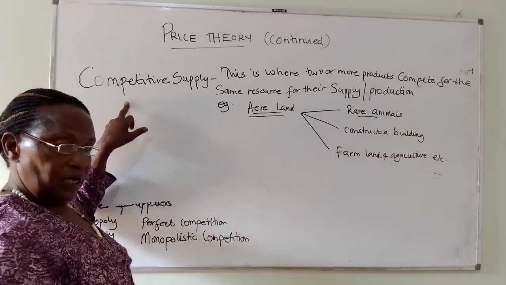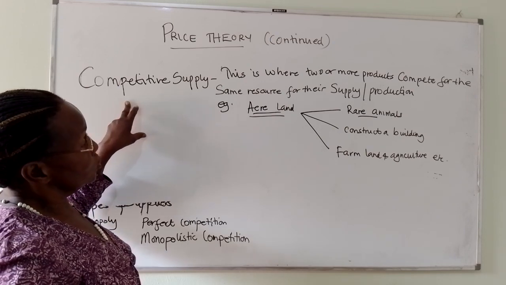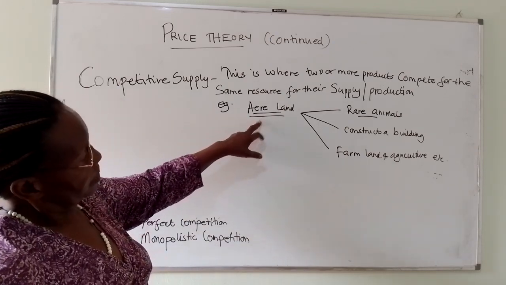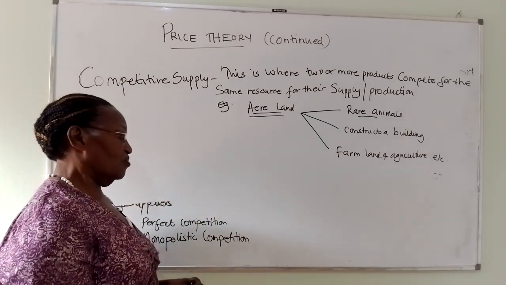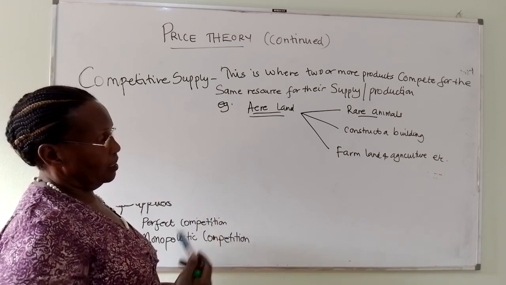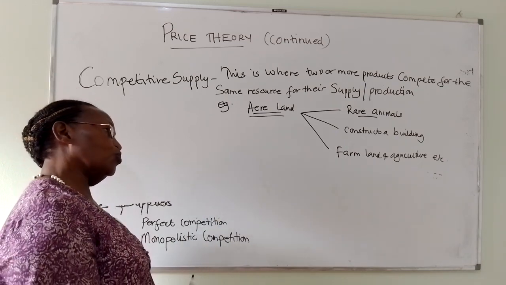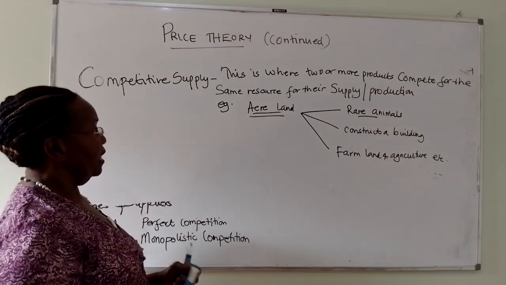It is very important in supply for a producer to make the best choice because resources usually are not enough. Here we have taken an example of land, but it may be another resource, and you find that it can be used in a variety of economic activities, but the moment you choose one, resources are not enough for the other.